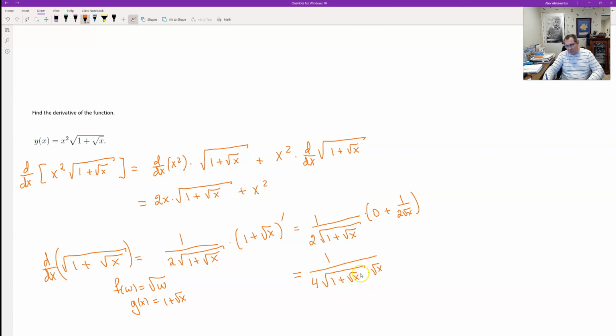You could distribute the root inside, but it's not worth it. These expressions are allowed to look ugly. We don't have to try to make it nice unless, as I mentioned earlier, we are solving a problem for graphing. Then you will benefit from simplifying the derivative. Okay, so here's our final answer, and we can stop right here.